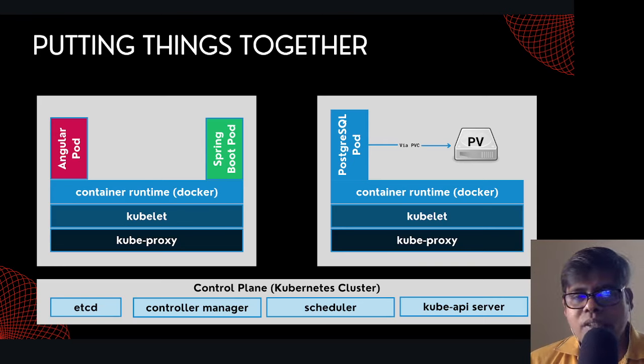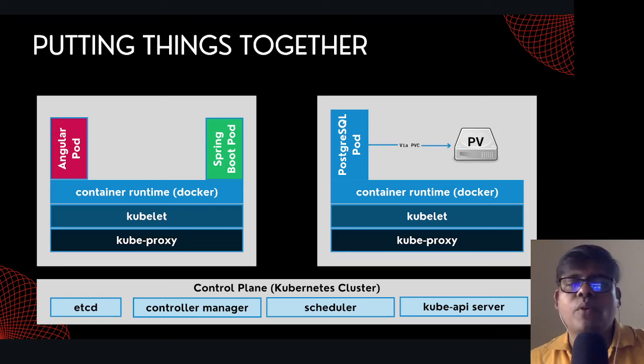Now our PostgreSQL pod is actually interacting with this PV via PVC. That means PVC claim, PV claim, right? So in this way, what we can achieve is, this is a different node, this is a different node.